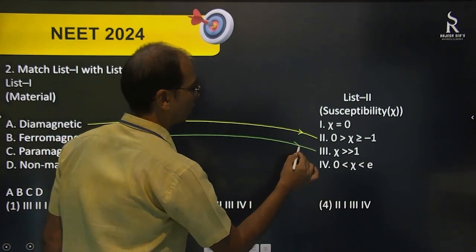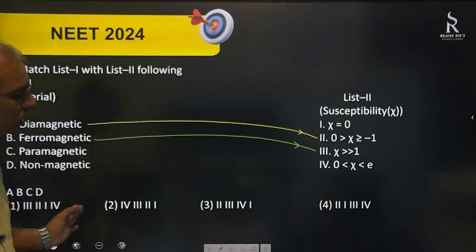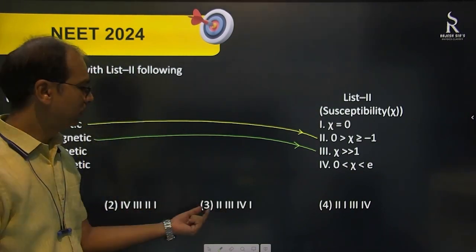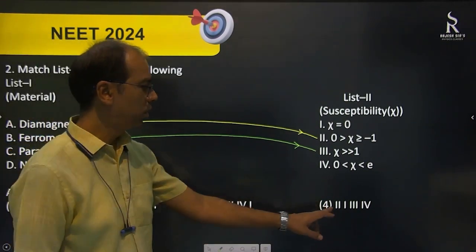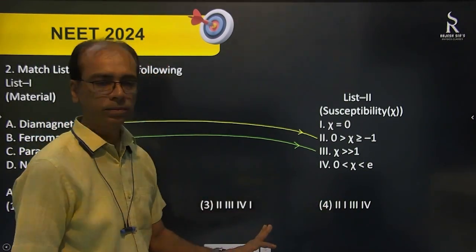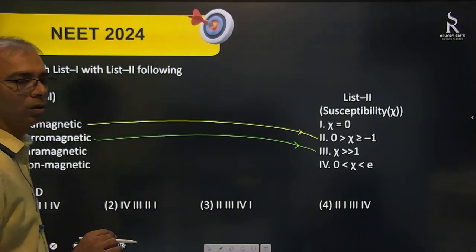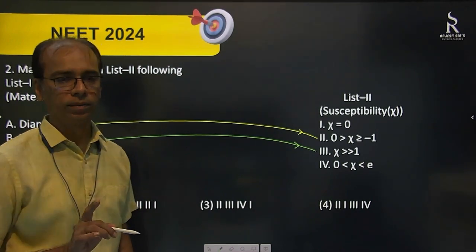Now you don't have to go for all the checking. You can see that first one is second, second one's answer is third. This and this were the possible options, but here it is given 1, so it's gone. Let's see further. Paramagnetic also has positive susceptibility, it's not negative.